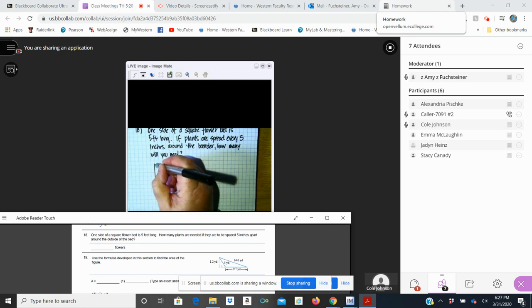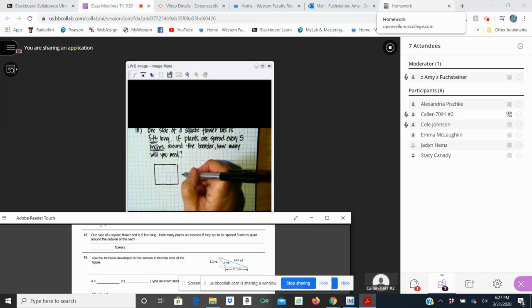Yeah, I think the hard part about this one is that we're talking feet and we're talking inches, right? So we've literally got to figure out that if this side is 5 feet, that's going to be the same as 60 inches.